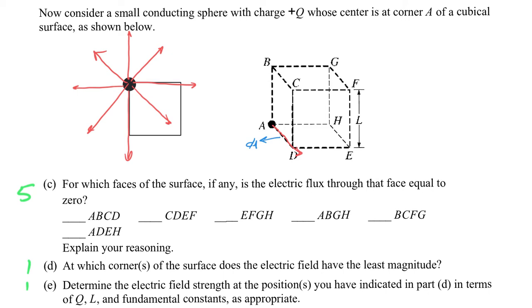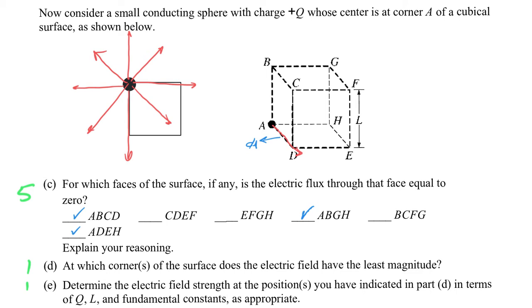So that's A, B, C, D. And I think we can say the same thing about A, B, G, H. I think we can say the same thing about A, D, E, H. And those are the ones that will have no flux.